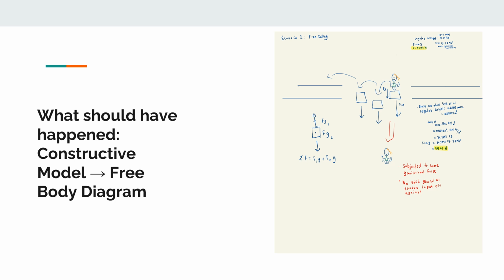And I drew a constructive model of what should have happened. Let me try to zoom in a bit. I can't. But as we can see, for this model, we have him jumping on a couple of blocks here, and I drew a free body diagram of the gravitational forces adding together. Technically, he should be subjected to the same gravitational force the block is experiencing, meaning he should just plummet straight down, and there's nothing he can do about it, since he's in a free falling state.